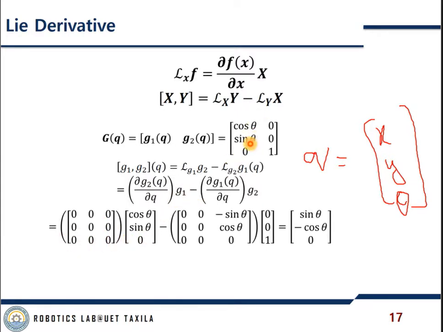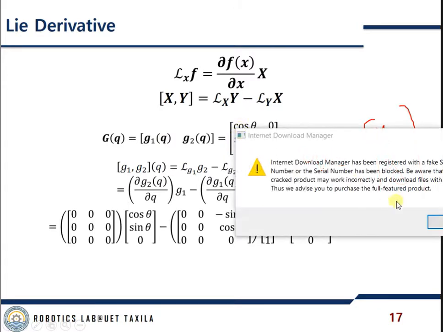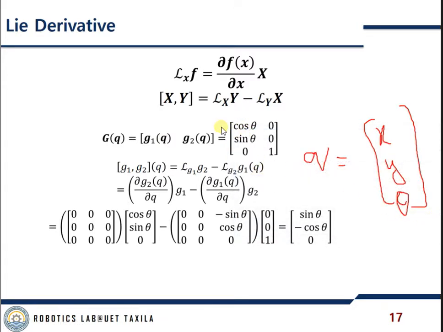G1, which is this, this vector field is going to be as it is, and then we're going to differentiate g1 with respect to state vector. Sorry, so I'm very sorry, this one is cos theta, and if we differentiate with respect to x, it's going to be 0.